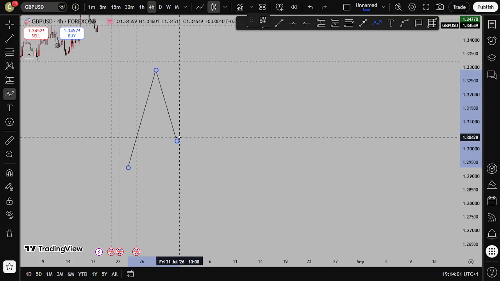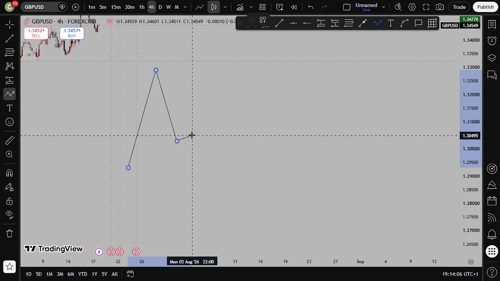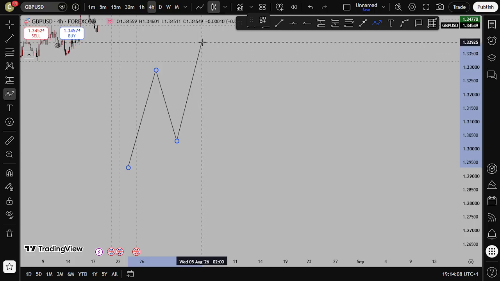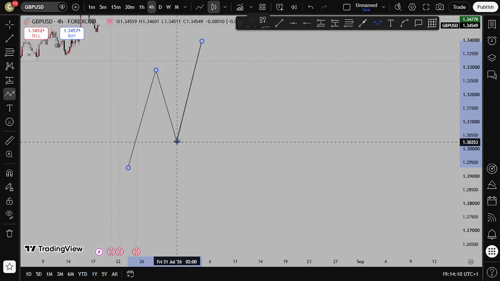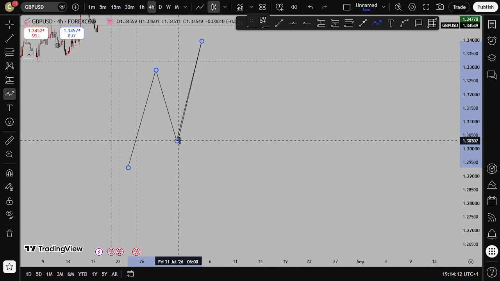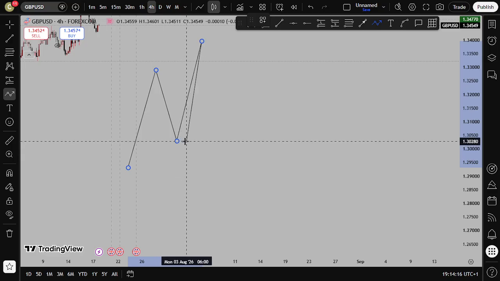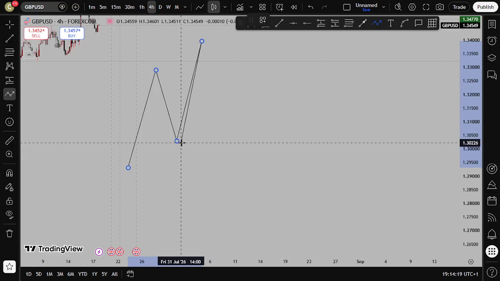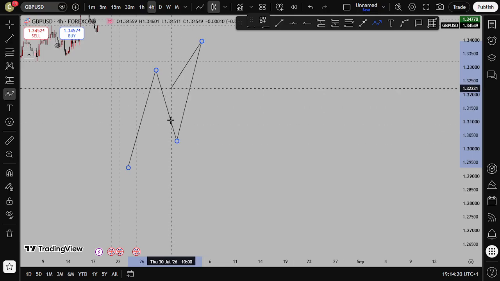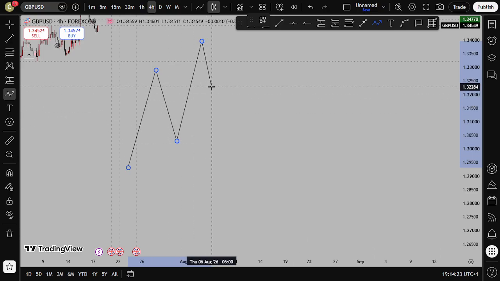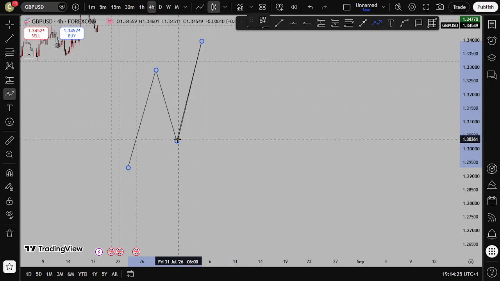Then at this turning point here, price reached here after the pullback, then turned and continued upward. This downward turning point is what is called a swing low. If price turns upward, we call it a swing low.